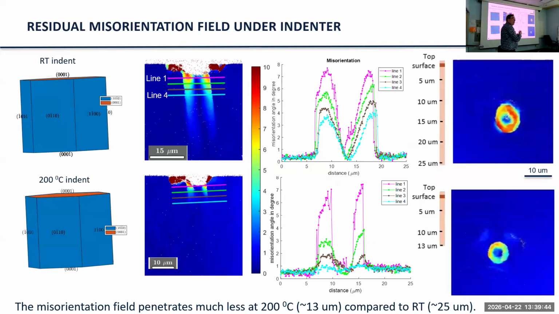And the orientation of the crystal underneath the indenter changes as you go from left to right. So the blue on each side is the initial orientation, and then this is a plot of misorientation. If you look at line 1, you go along, nothing's happening, and then it shoots up to 7 or 8 degrees.